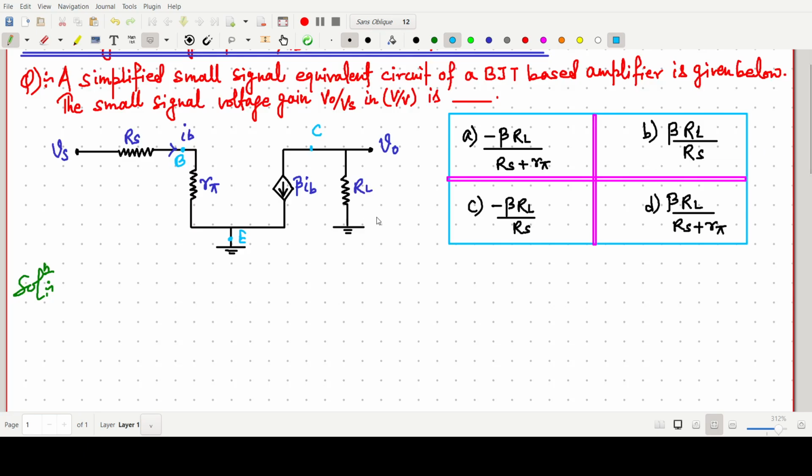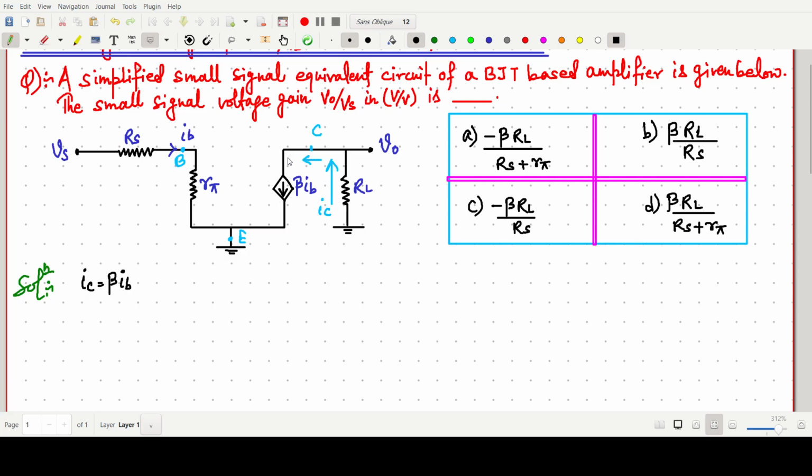First, this current is the collector current IC, and this current is flowing like this. This current is nothing but IC, that is, beta IB.